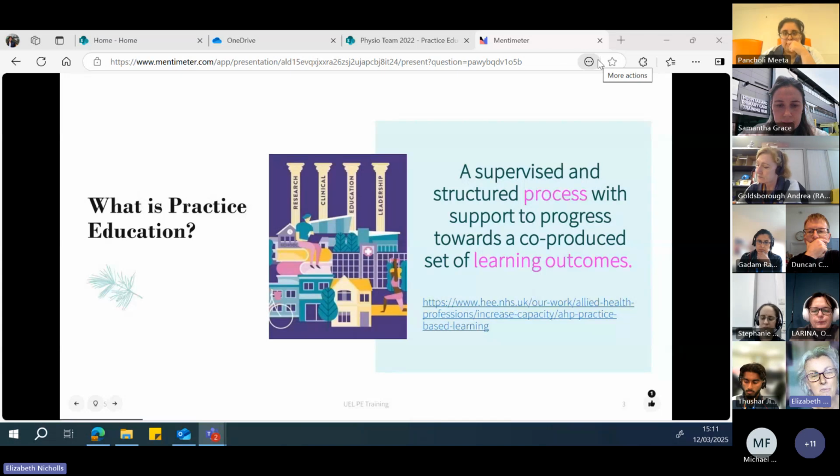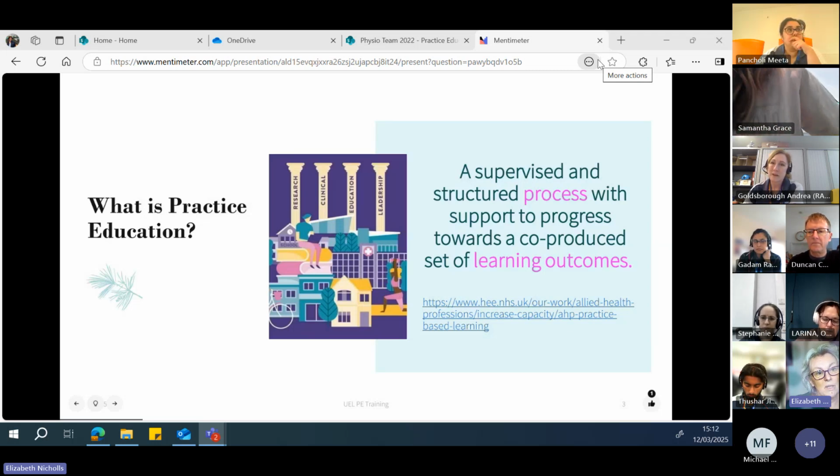Now, certainly for level 4 students in particular, we get a complete and utter range of students, some of whom have a fair amount of experience in a clinical setting, some of whom have never stepped foot in a clinical setting before. So on this first placement there will definitely be a complete range of experiences.